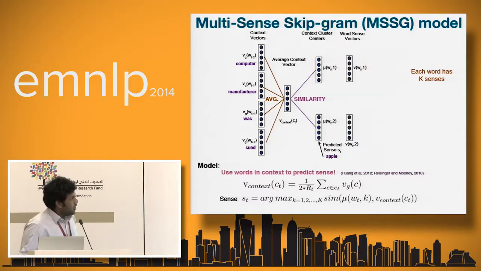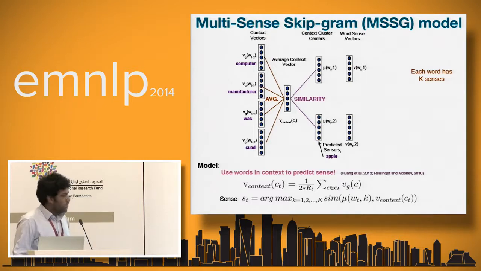And a sense is represented by a pair, which is basically a context cluster and a word sense vector. The first step in the model is to predict the sense of a word token when you're given the context. The high-level intuition is that if you have words like computer and manufacturer, then the sense of the word apple is probably Apple the company and not the fruit apple.